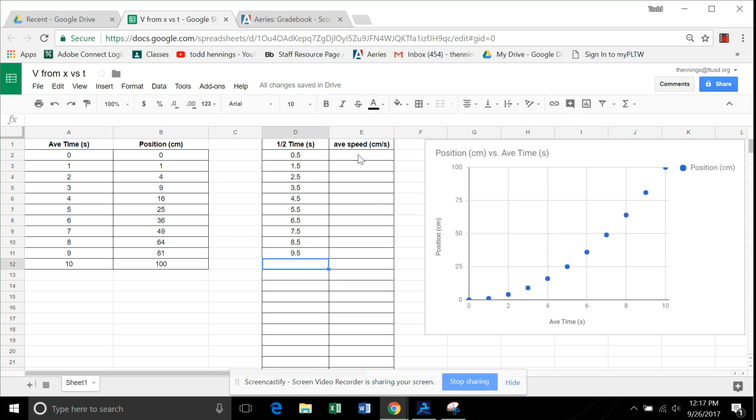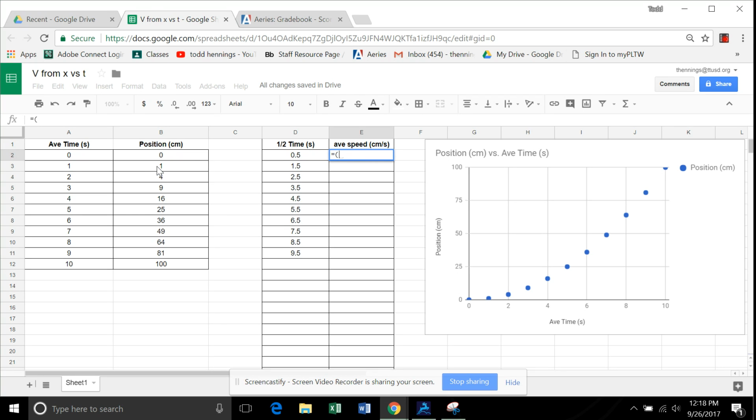The next thing I want to do is calculate the average speed that is happening at that time. So basically I'm just going to calculate the slopes of each one of these line segments. Again, we're going to use the spreadsheet to do the grunt work. Equals slope is just distance divided by time. So in this case, if I look at my position or my distance information, it's a displacement.